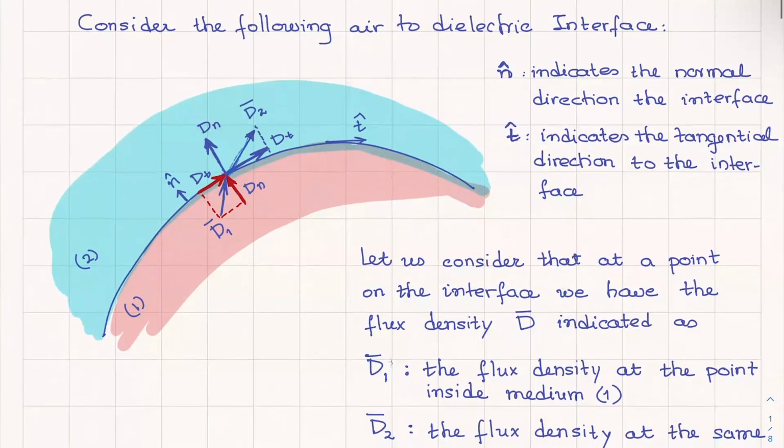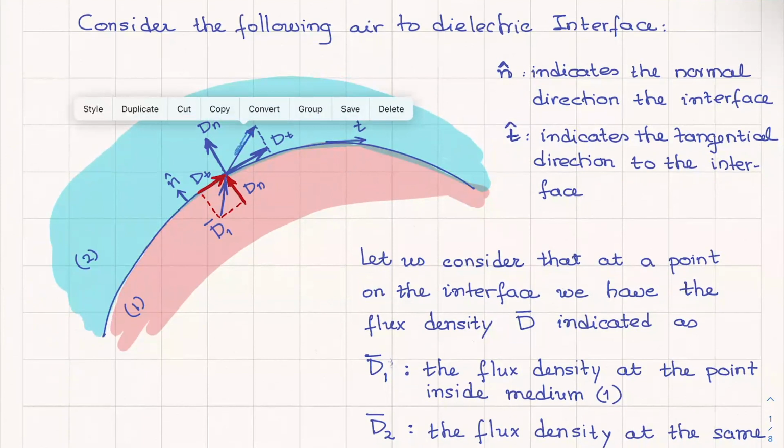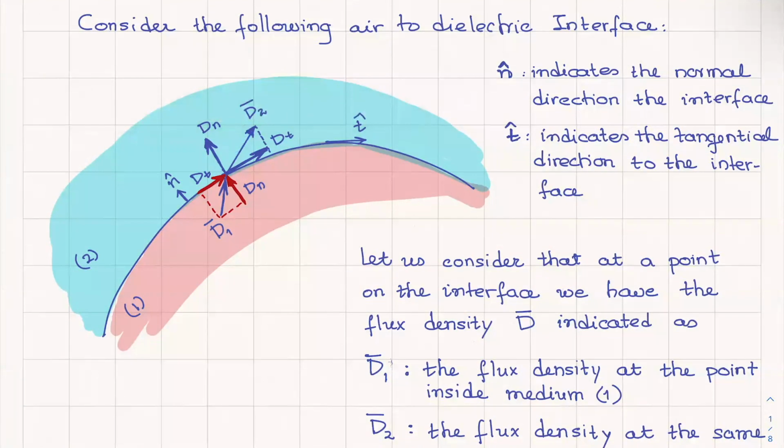Then we split this vector into 2 components, the normal component to the interface, which is this one, at this point at the center, and then the tangential component, which is this one.